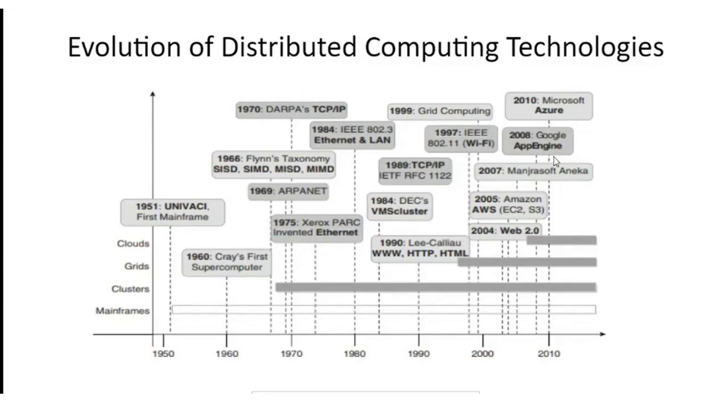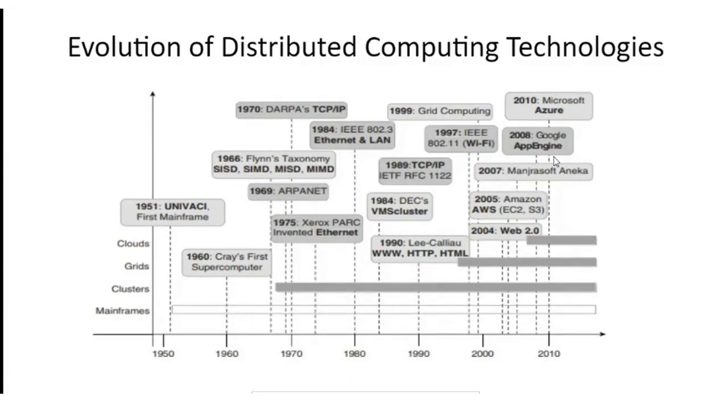In Flynn's taxonomy you have these classifications: single instruction, single data set, multiple data sets, and vice versa. Then followed by the development of Ethernet and LAN that we have studied in computer networks. Then the protocols developed for these networks, that is TCP/IP, UDP, whatever it may be. Then comes the actual internet. With this, we have the HTTP protocols, then the markup languages, then the clusters.